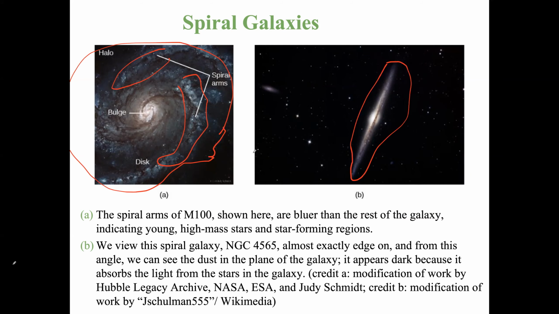This one is a spiral galaxy in face-on view, and this is called edge-on view, which means this is a spiral galaxy but you cannot see the spiral arms and those kinds of things separately, right? This is NGC 4565, and this is called M100, which came from the Messier catalog.